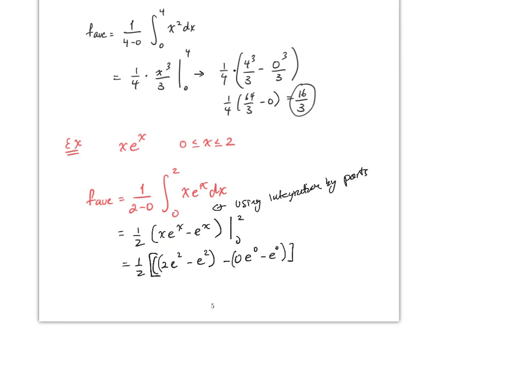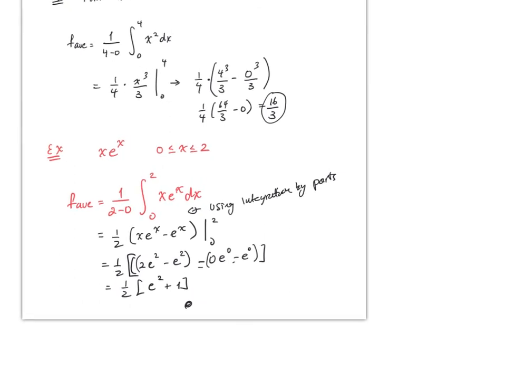So therefore it will be 2 e to the 2 minus e to the 2. That will be e to the 2, and then minus and minus is plus, so plus 1. That's it.